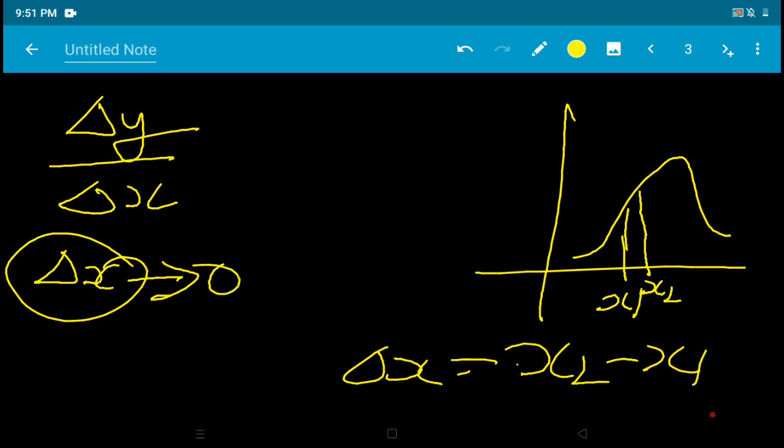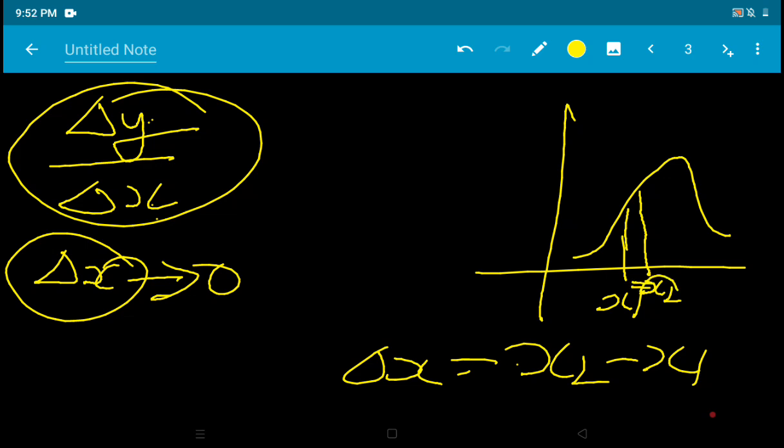This will give us the instantaneous change. I am finding how y changes with x, but I am making sure that x2 is very close to x1, so that our information does not get lost.